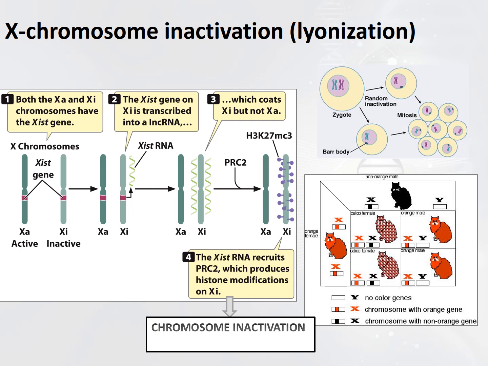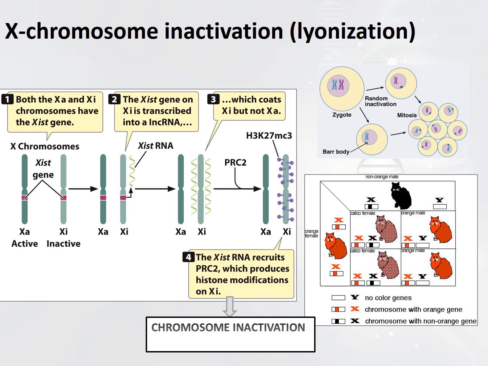The process of X chromosome inactivation is also called lyonization, after Mary Lyon, who first described it, and it occurs randomly on either chromosome in each cell of the body. It can be easily exemplified by the random distribution of the orange and black pigment in the coat of calico cats.